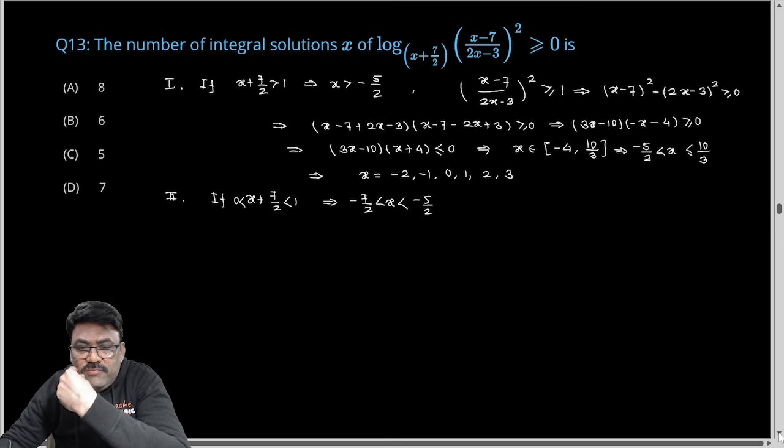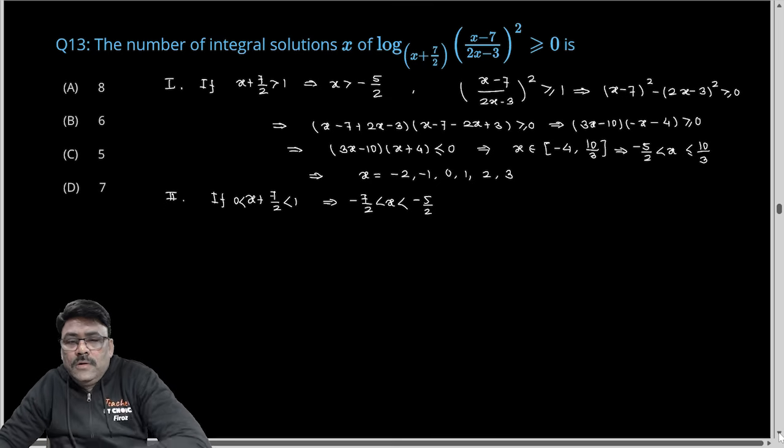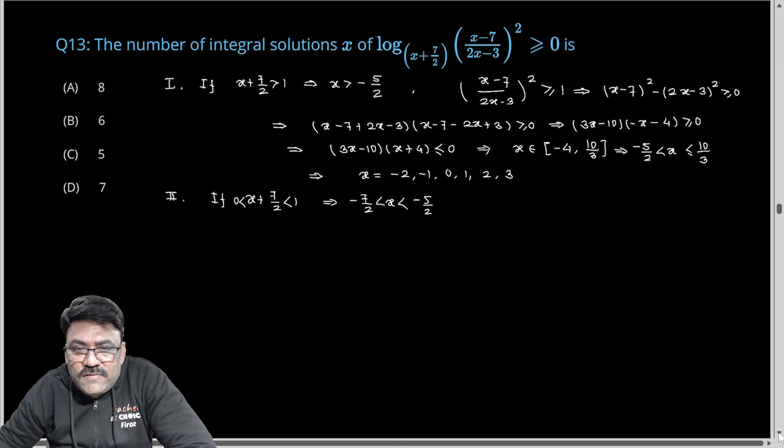Actually, minus 7 by 2 is minus 3.5, minus 5 by 2 is minus 2.5. So only one integer is here, x is equal to minus 3. But you have to check whether minus 3 satisfies this inequality or not.